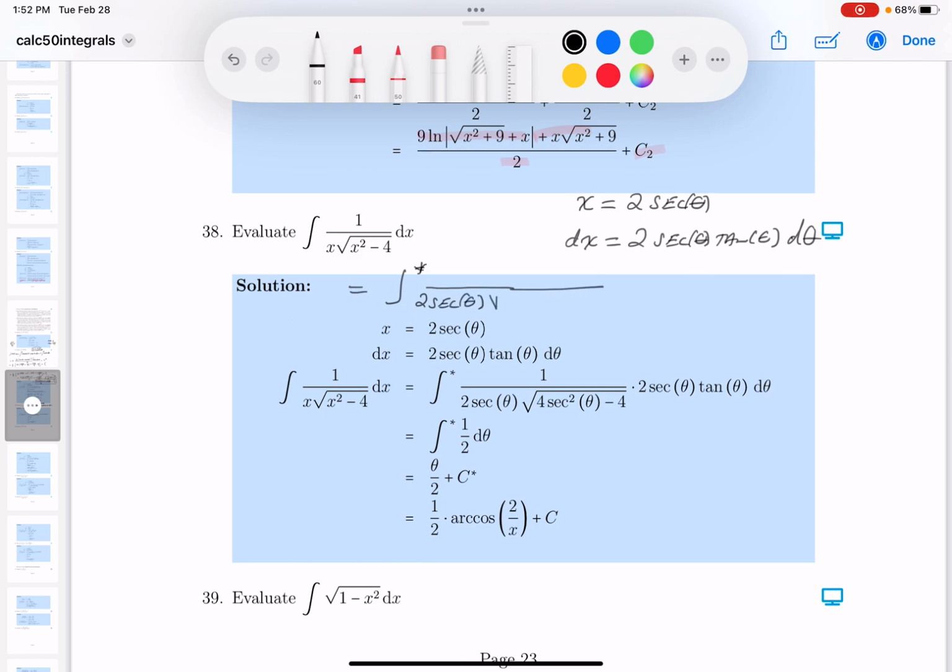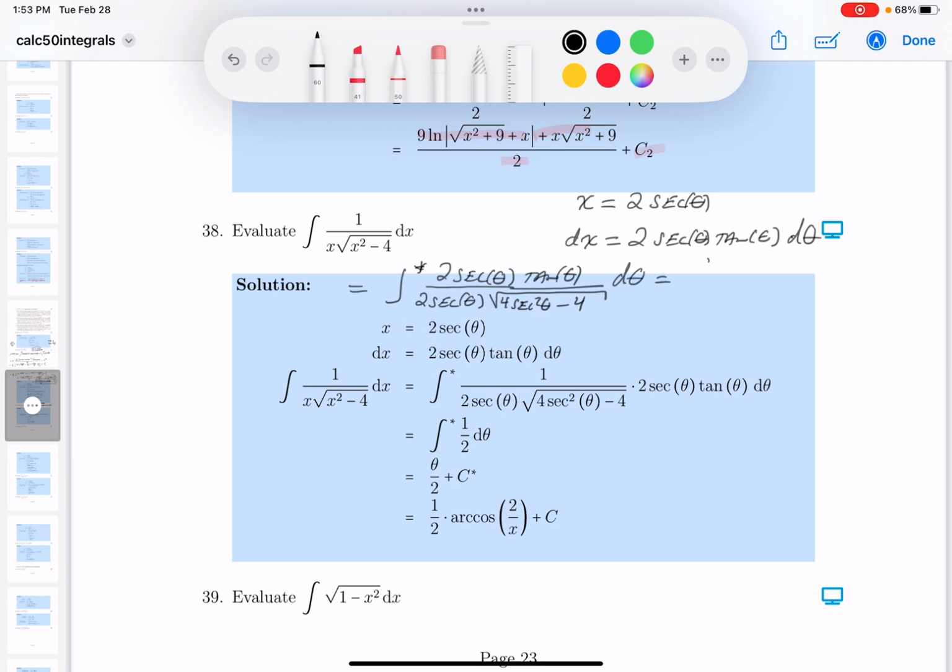I see the square root, and that's going to be x squared, which is 4 secant squared, minus 4. All right, I got everything almost covered. I said that dx, I got to put that down. Now, so 2 secant theta tangent theta.